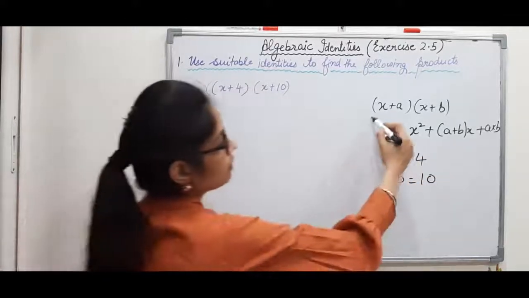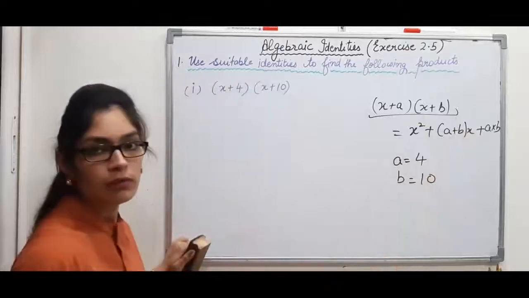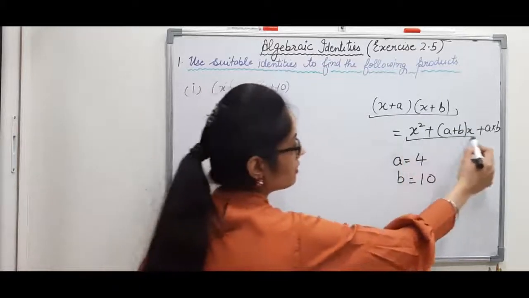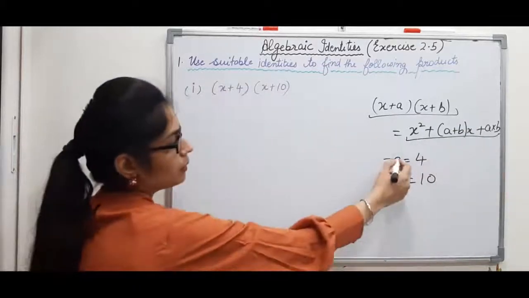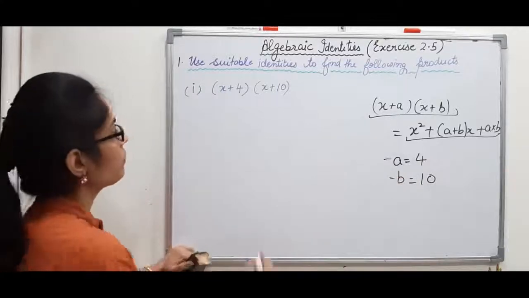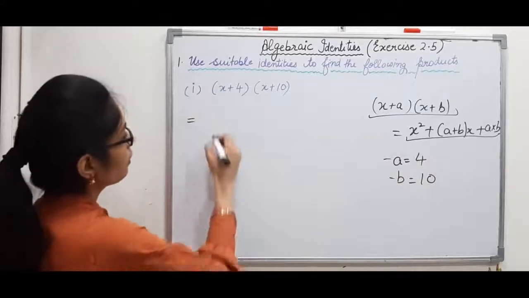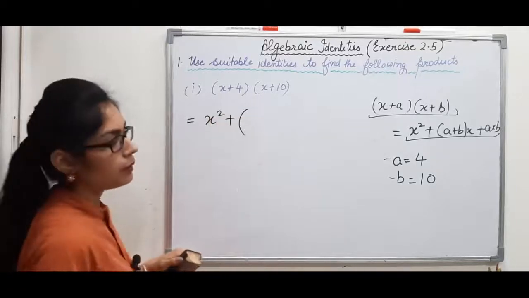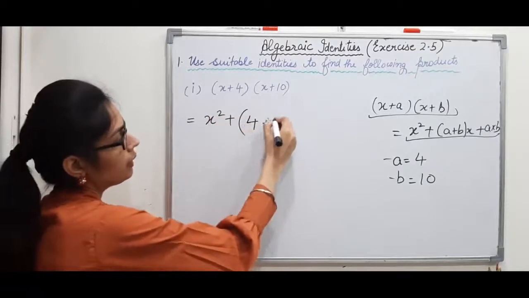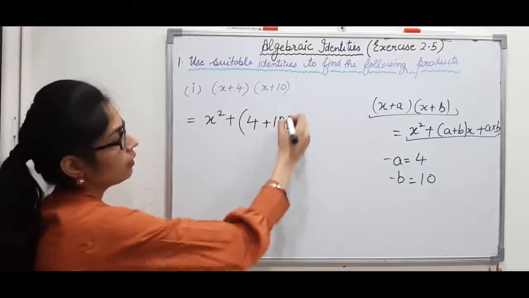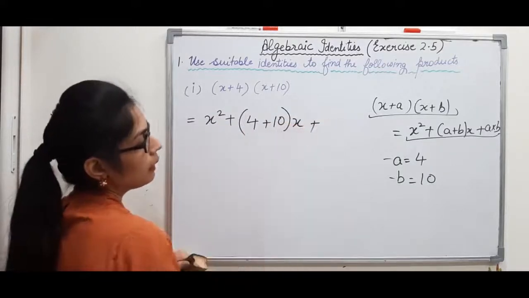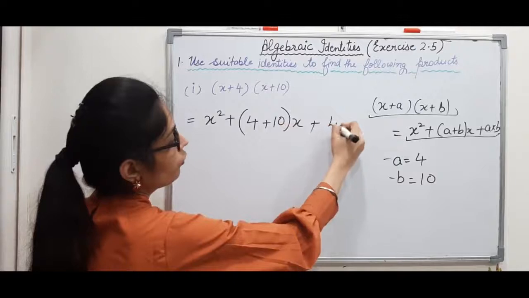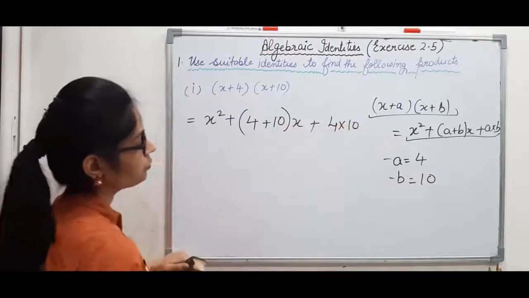See, this expression is already given to us. Now we will use the expanded expression and substitute the values of a and b. So x square plus (a plus b), so a is 4 plus b is 10, into x plus a into b, 4 into 10.